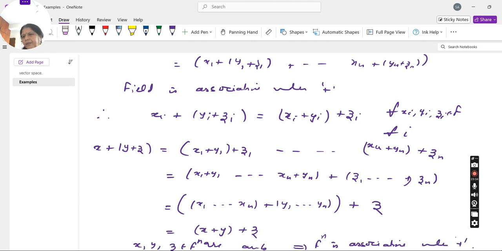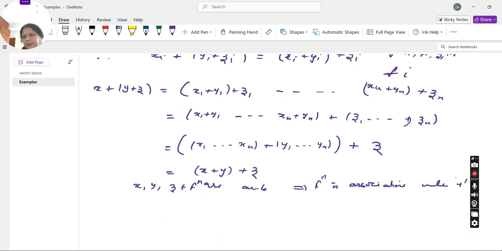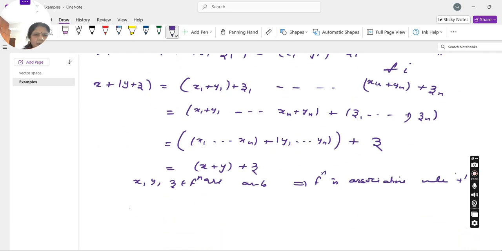0 belongs to F. That means 0, 0, 0, 0, 0 belongs to n-tuple of F, right?